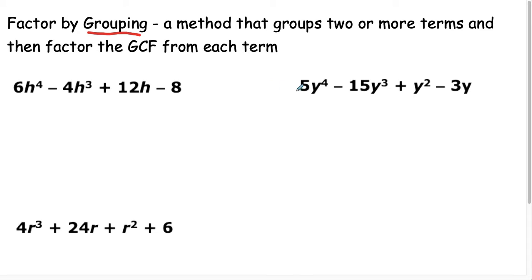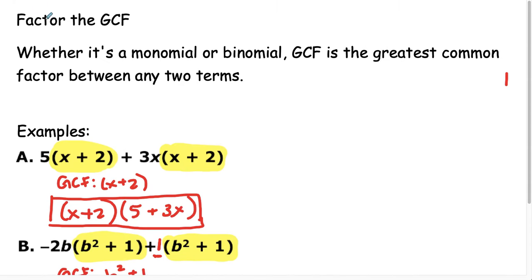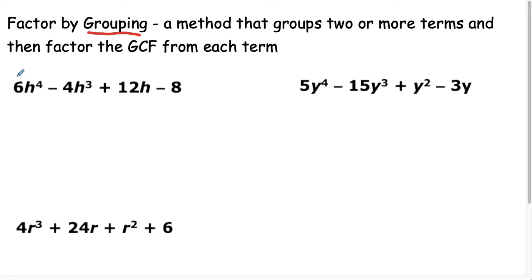In all of these examples, you do not see a common factor. You do not see the greatest common factor, just like you see in example A and just like you see in example B. However, we can undo this expression so that you can see the GCF in both of these groups.